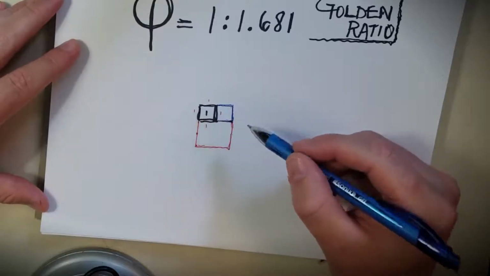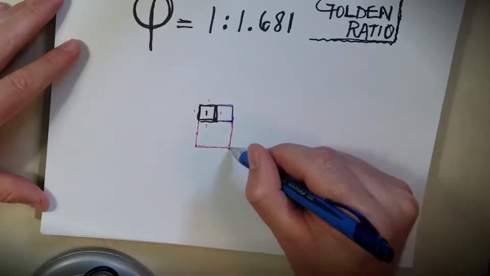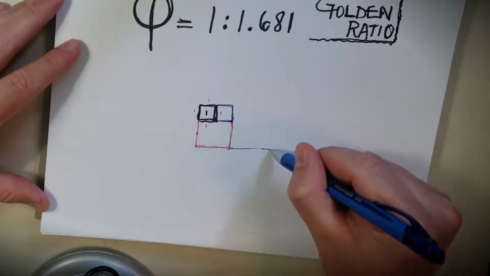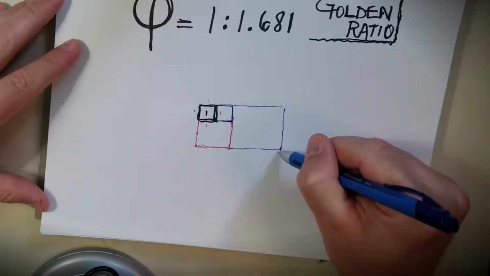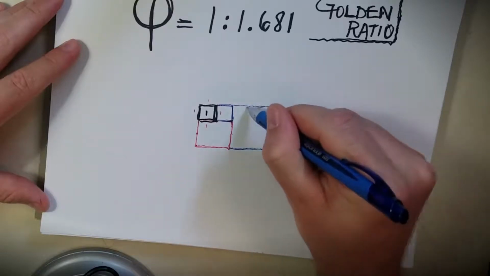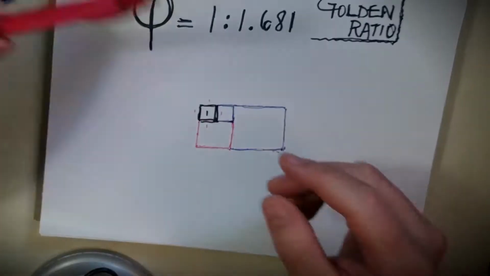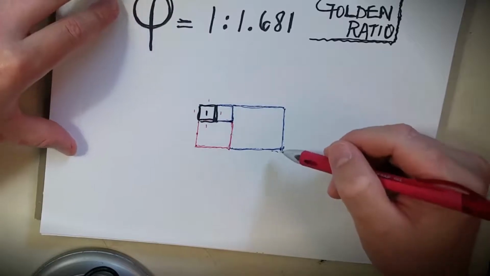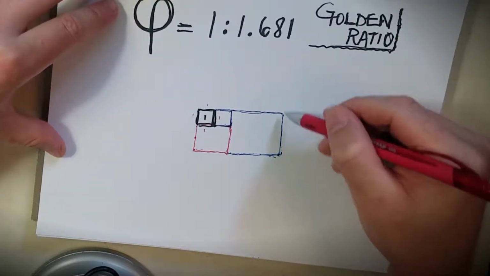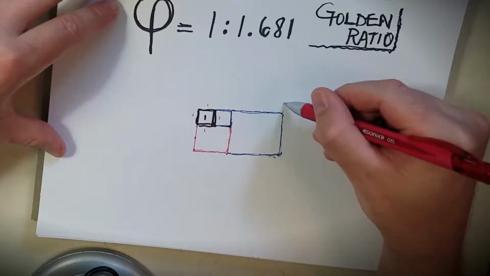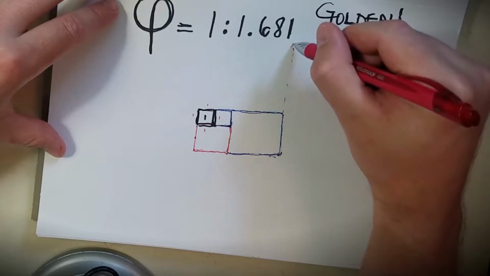So I'm going to draw out 3 units here. 1, 2, 3. Okay. And now I'm going to take this. Let's see, it's going to be 5, okay. So that's 1, 2, 3, 4, 5.